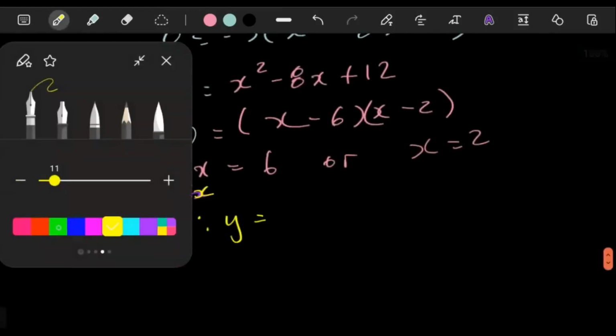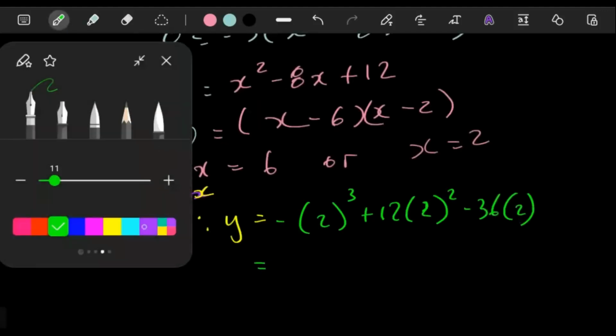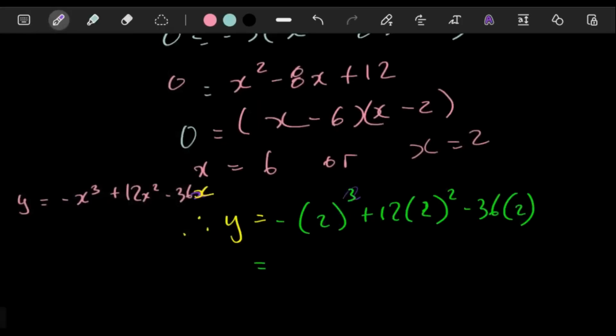So this is like negative 2 cubed plus 12 with a 2 squared minus 36. So here 2 cubed is like 8, 2 squared is like 4, 4 times 12 is like 48, and then 36 times 2 is like -72.